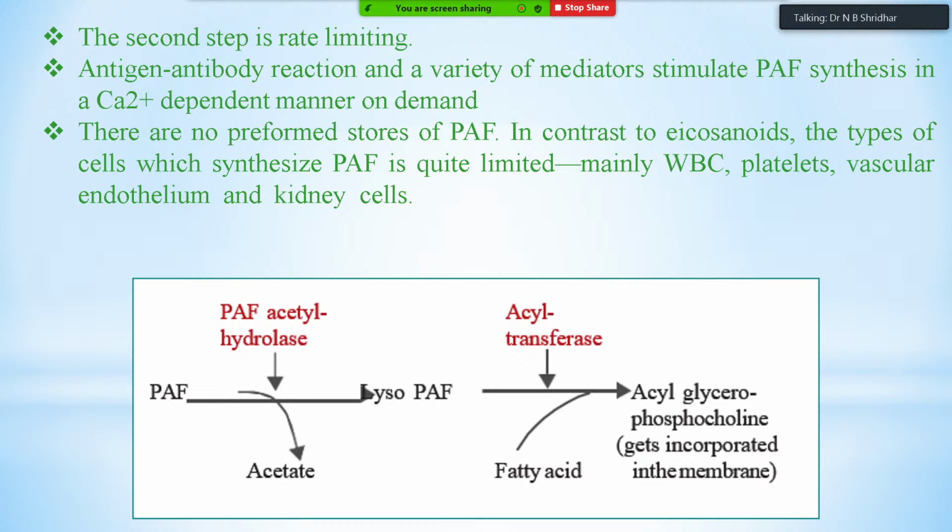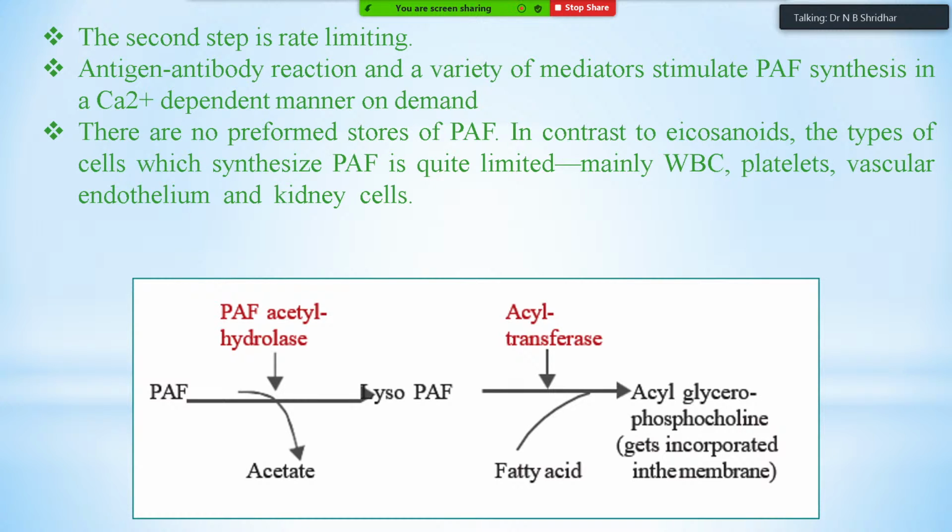The second step is rate limiting, and the antigen antibody reaction and a variety of mediators stimulate PAF synthesis in a calcium dependent manner, on demand. There are no preferred stores of PAF, there are no storage sites.